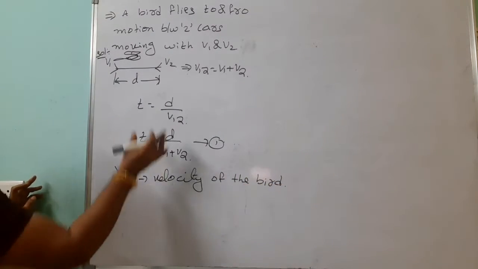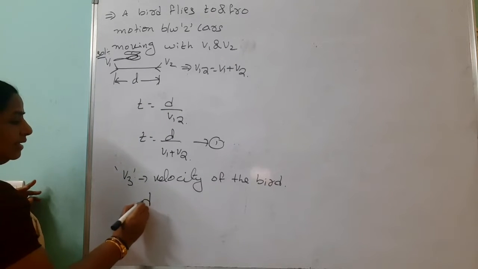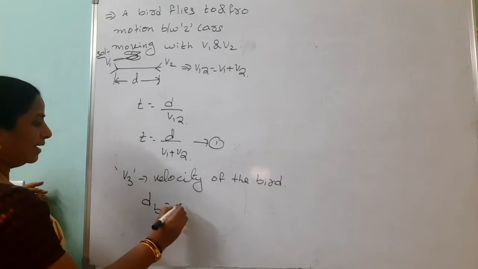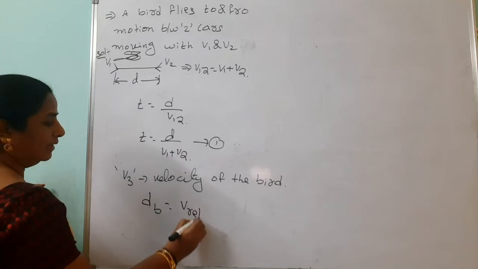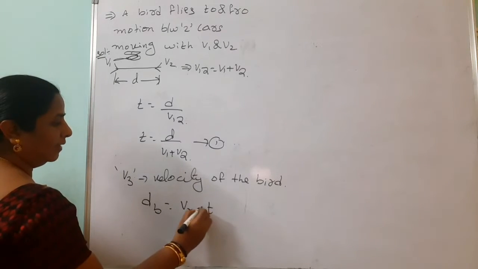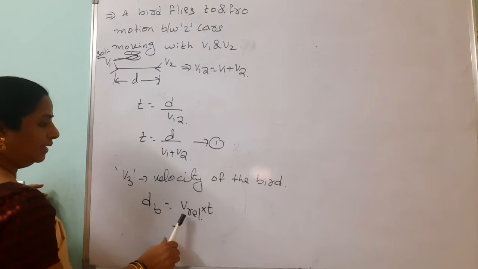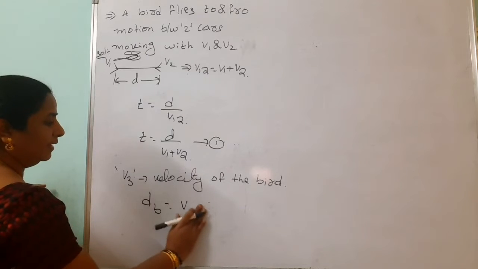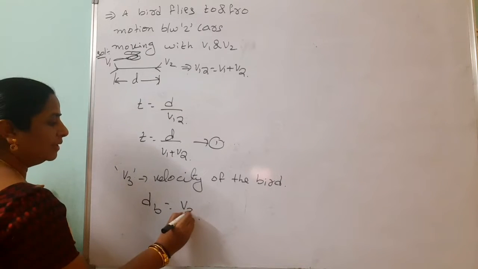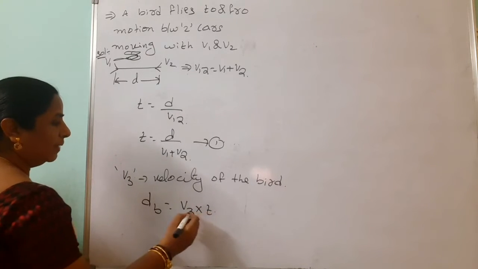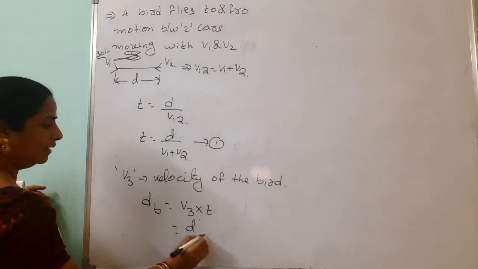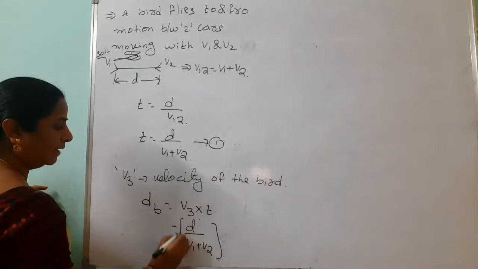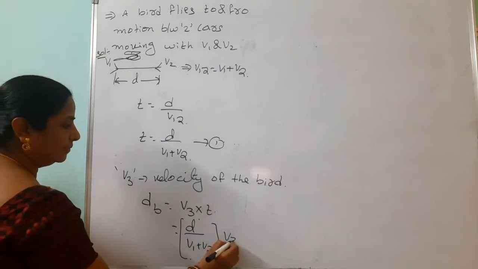Distance covered by the bird equals velocity into time. Here the bird's velocity is clearly given as V3. So V3 into t, but instead of t we take d by the velocity of the first car plus the velocity of the second car, into V3.